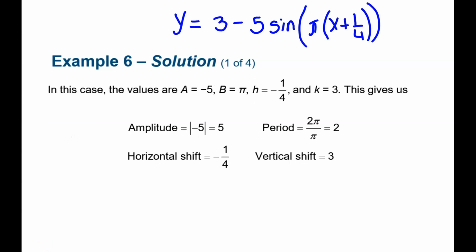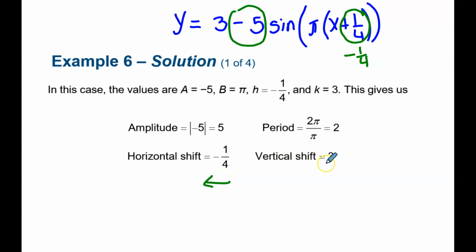What can we tell about this graph? We can tell that a is equal to negative 5, so the amplitude will be the absolute value of negative 5, which is 5. The horizontal shift is negative 1/4, therefore the graph will be shifted left 1/4 unit.